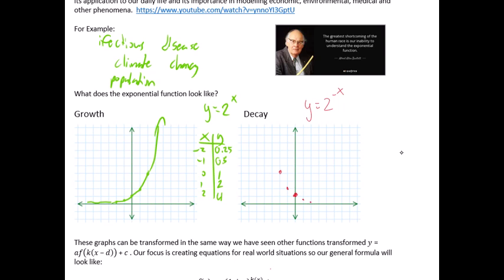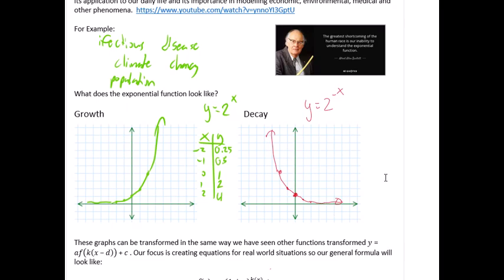And again, we can see the curve hugging the x-axis, going backwards, but easier for me to draw it this way, as it shoots up. So in this case, it's coming from some very large values and drops very, very quick and approaches 0 very, very quick. So we have the growth function and the decay function, and we can really see how it grows very quick and how it decays very quick.